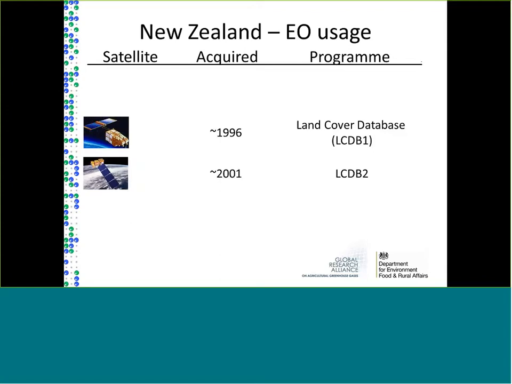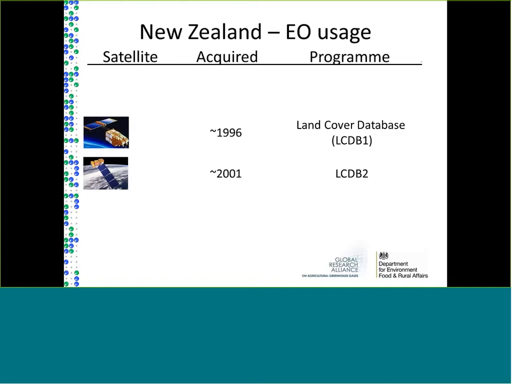However, moving on to the second land cover database, which was compiled from data taken from 2001, New Zealand chose to switch to Landsat 7 data, which had become available. Because of the high quality, the data was free to access. There were 0 costs for the data to pay.